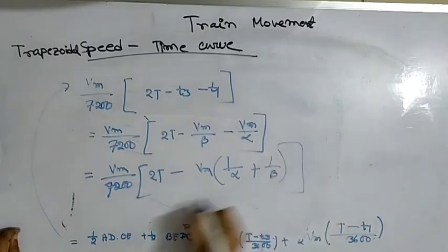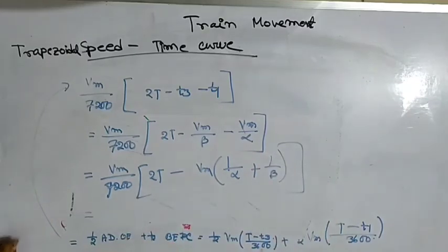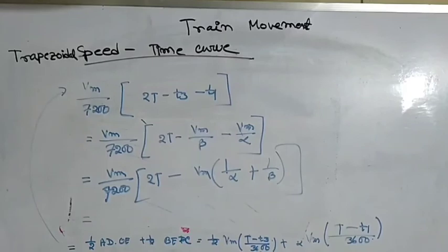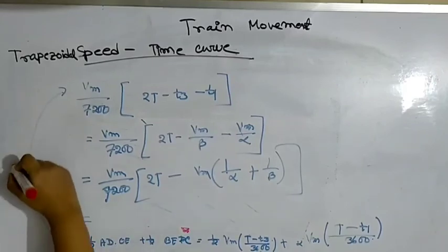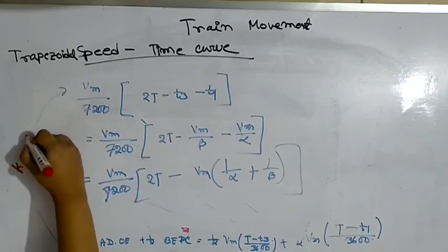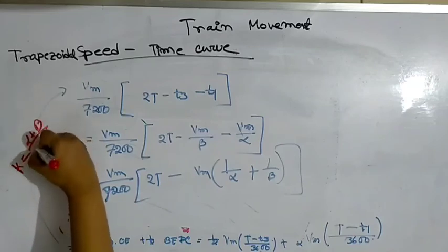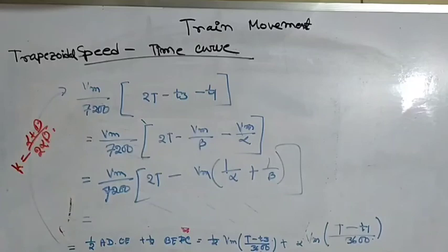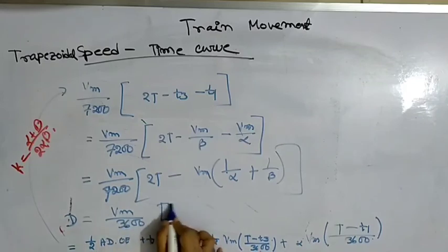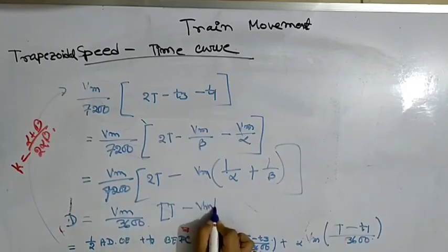If we take Vm common, we consider a constant K equal to (alpha plus beta) by 2 alpha beta. So D is equal to Vm by 3600 (T minus Vm K).